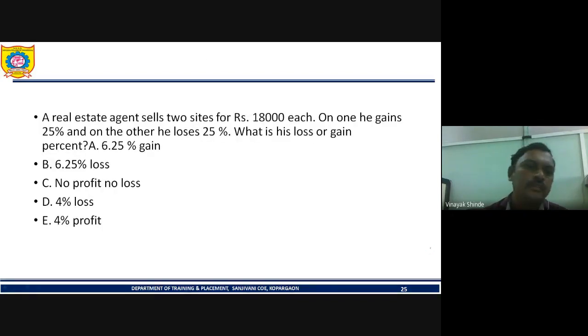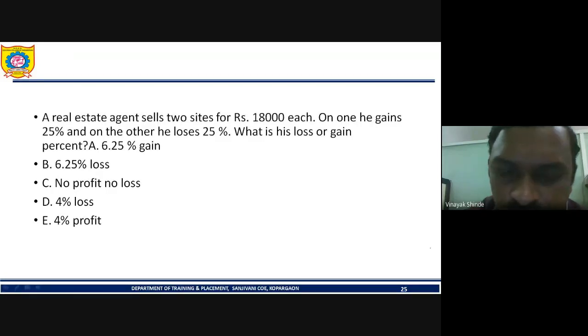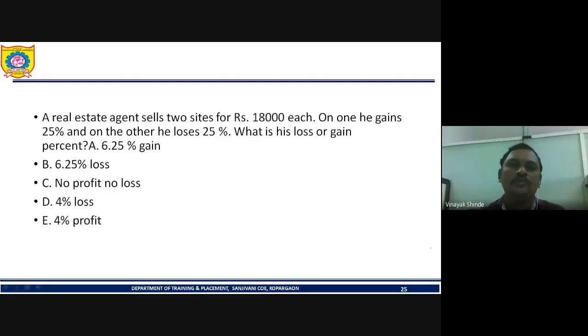Next one. A real estate agent sells two sites for rupees 18,000 each. On one he gains 25% and on the other he loses 25%. What is his loss or gain percentage?